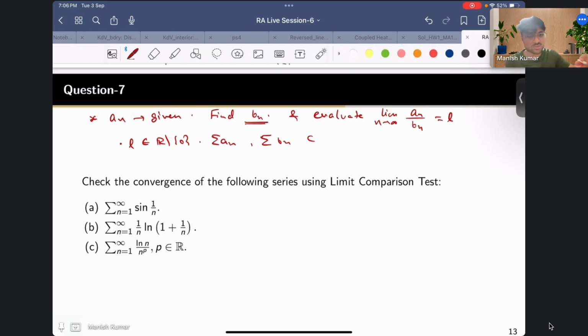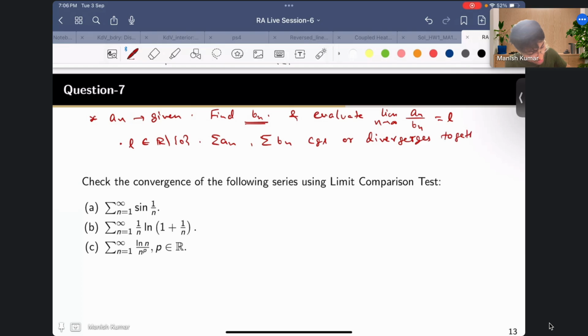When you find this bn, you have to find such a bn whose convergence is known to you. That is important. You should know that this summation bn is convergent or divergent. Then you can conclude about an.